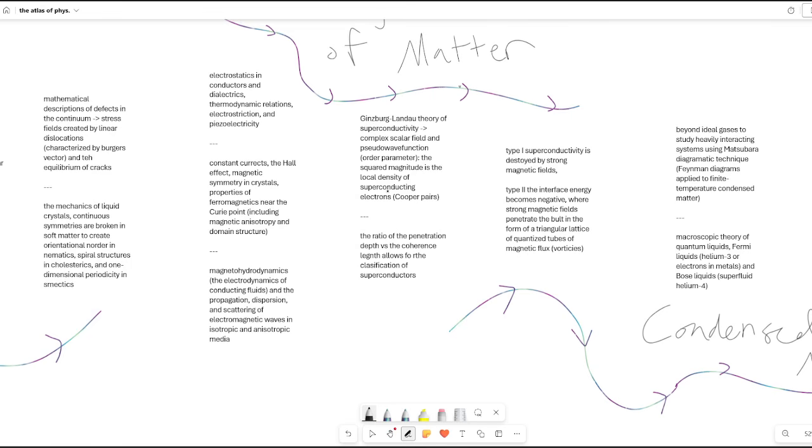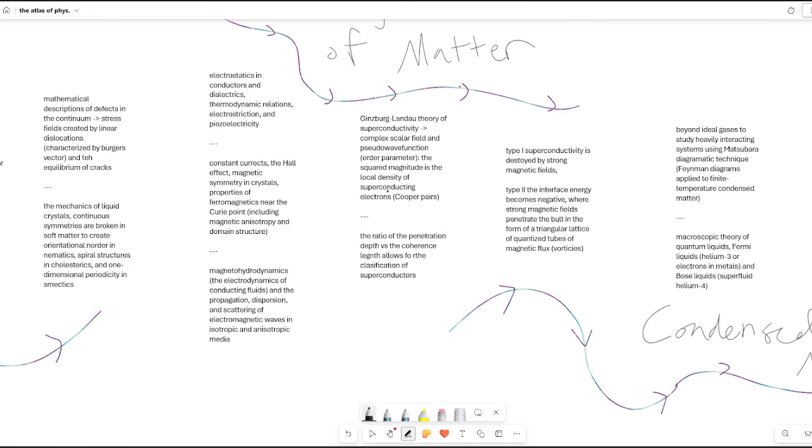we're basically working with continuous media that are smoothed over the statistical properties of atoms. A lot of the physics is really unknown because it just gets really complicated.